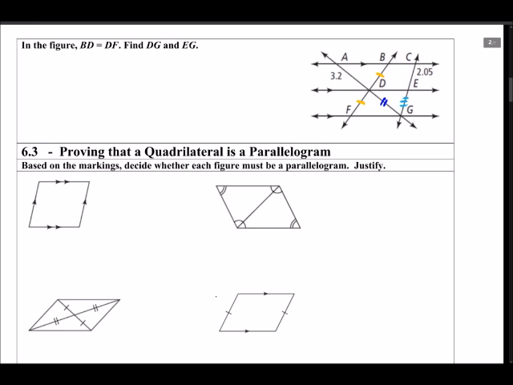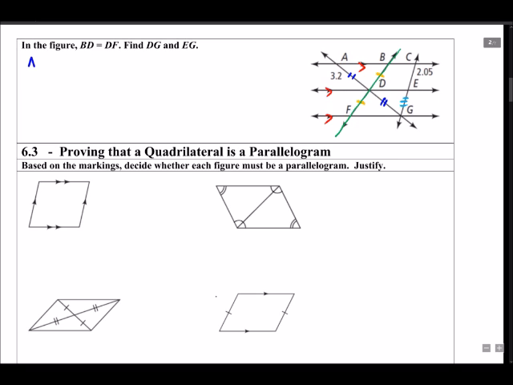So what do I know? Well, I have 3 parallel lines cut by a transversal, and my transversal here is cut into congruent segments. That means every other transversal is going to be cut into congruent segments.